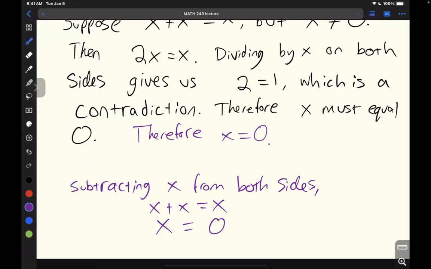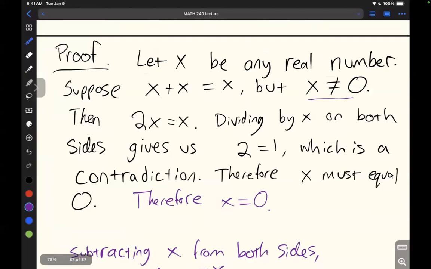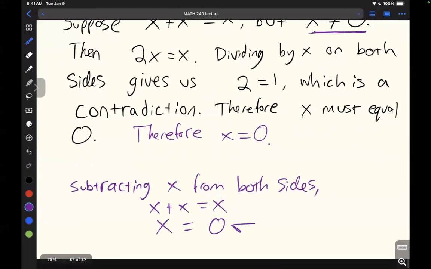And that's another way to reach that contradiction, where we have assumed that x is not equal to 0, but then we said, oops, x is 0. Guess we were wrong. And so then we say, that's a contradiction. We're done. Questions?